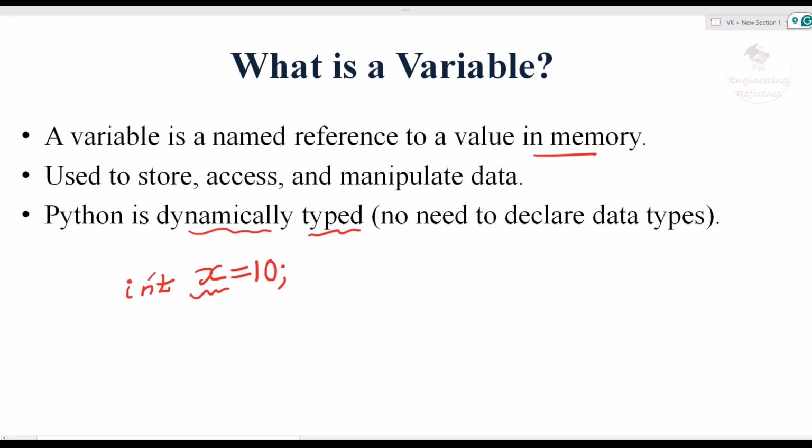But in Python, we don't need to explicitly mention this. We can directly write, for example, if we want a string value, name is equal to, inside the double quotes you can give the name, for example Vinod. So this automatically becomes a string variable.